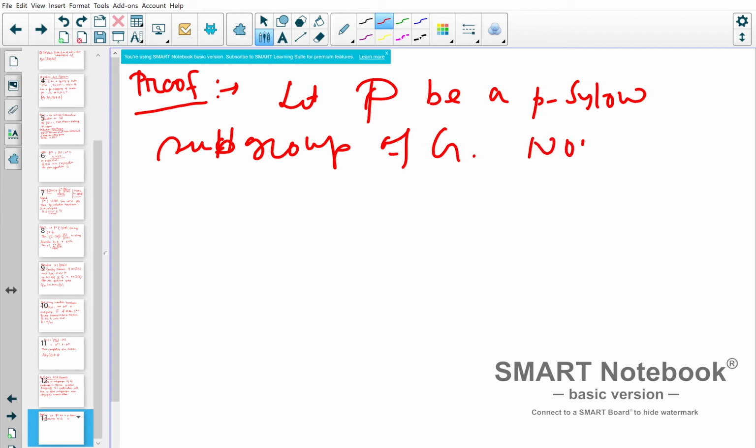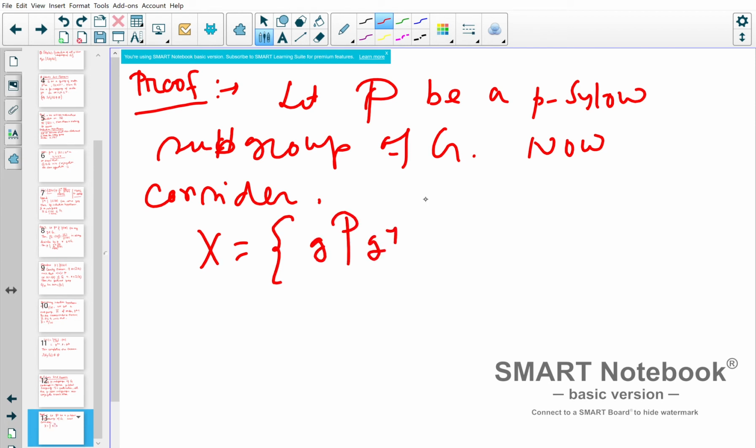Now consider this set, say X, which is the conjugates of P, that is, g P g inverse for g belonging to G. We already know that these are also subgroups, and they are also P Sylow subgroups because they have the highest order.